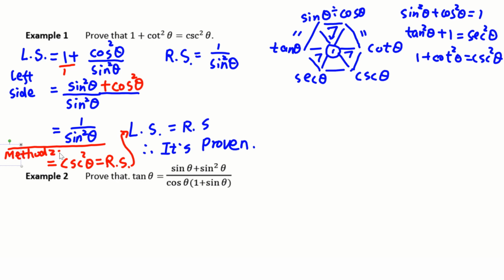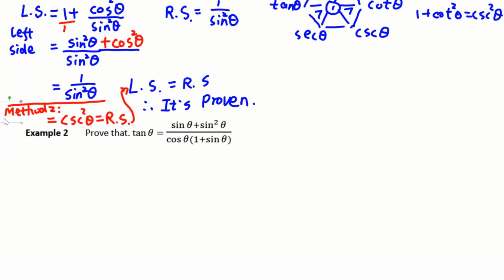From one side, keep going to prove it equals the other side. So that is example 1. And we call this one kind of the first principle identities. We need to prove it from the very beginning. And why do we start from the left side? Because it has 2 terms, the more complicated side.